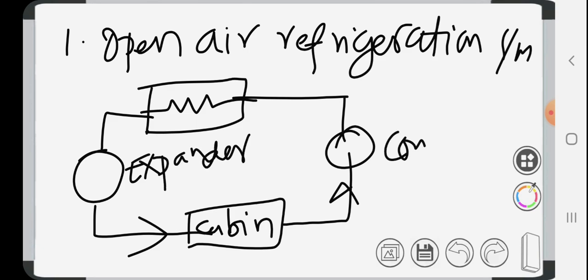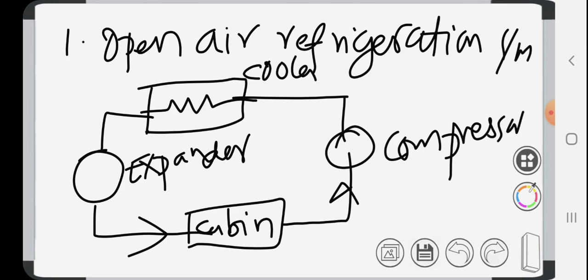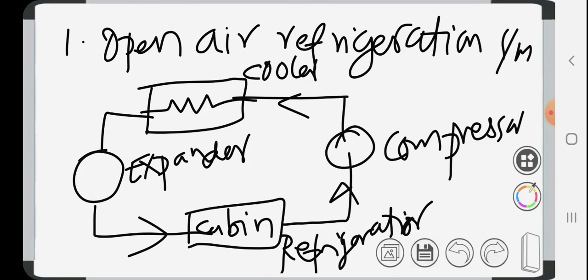So this is compressor. So this is cooler. This is refrigerator. Refrigerator is a cabin. By refrigerator we mean the cabin or the space to be cooled. Okay. So this is how a schematic diagram looks like for an open refrigeration cycle.